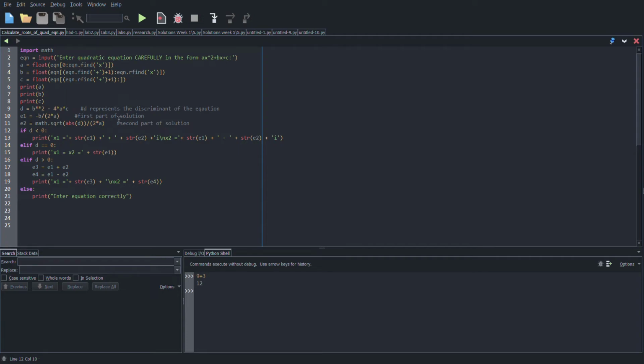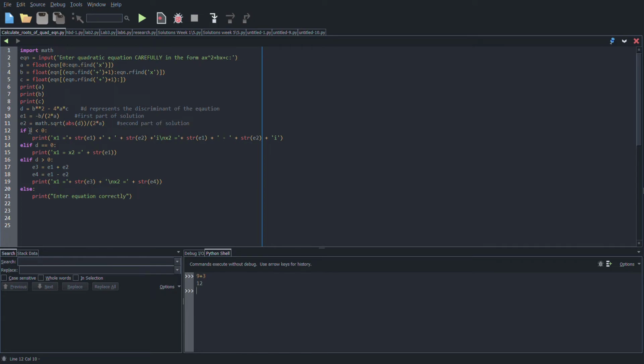So the number under the square root sign is called the discriminant, and it is b squared minus 4ac. So it calculates this number and stores it as d. Then E1 is basically negative b over 2a, which is the first part of the quadratic formula, and it stores it as E1.